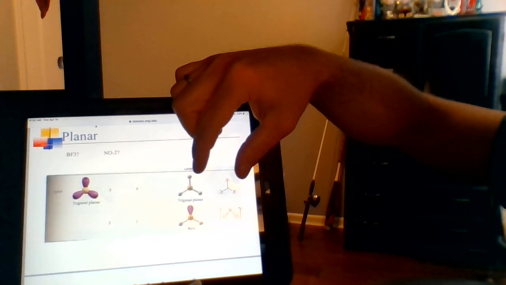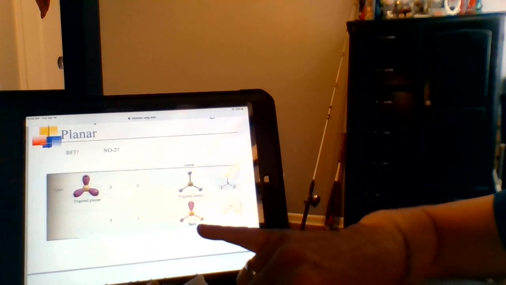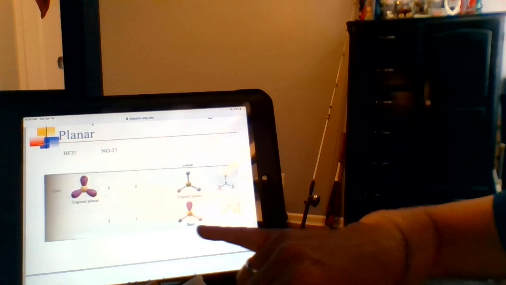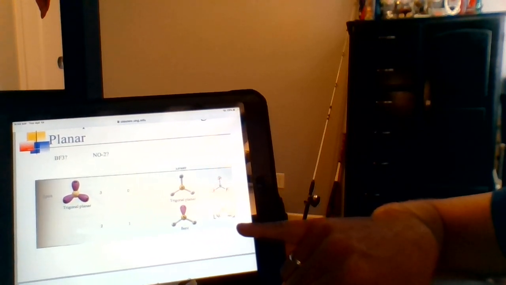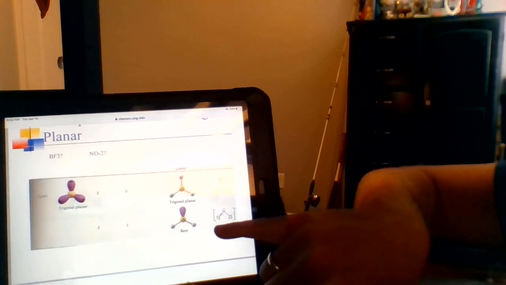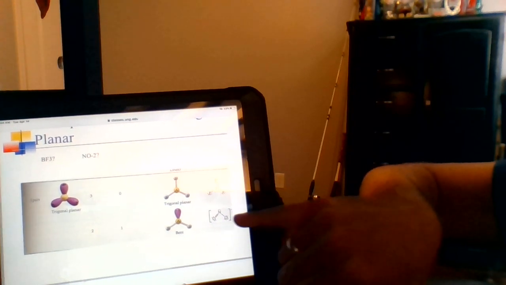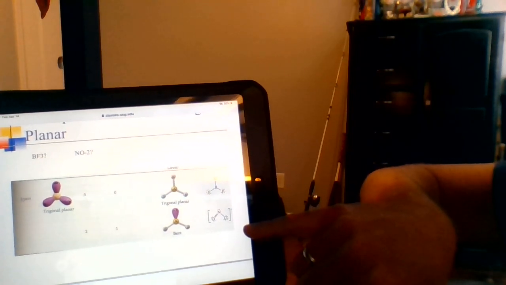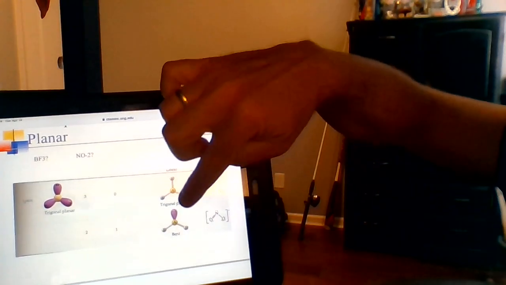They're both trigonal planar. But then if I go down to the molecule below, an example for this one would be the nitrite ion, NO2-. If you draw it out, I have the nitrogen in the middle, with bonds to the two oxygens. Remember that the double bond is actually shared between the two oxygens through resonance forms, so they're equivalent to each other. But the nitrogen also has a lone pair.